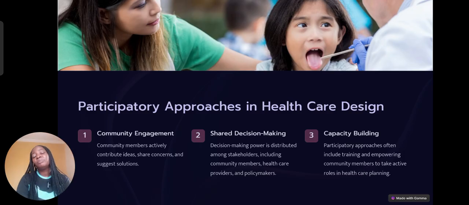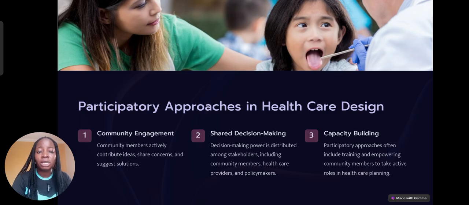So what are the participatory approaches in healthcare design? Remember that primary healthcare cannot function properly without the participation of the community itself. So number one is community engagement. Community members actively contribute ideas, share concerns, and also suggest solutions in the healthcare design. Also, there is shared decision making, so decision making power is distributed among the stakeholders.